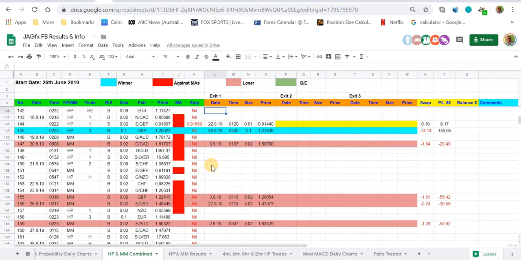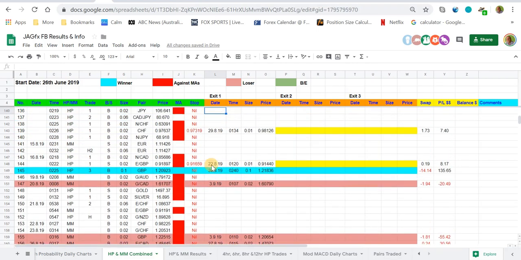I'll just give you a quick rundown on what the spreadsheet means. Basically, when you see a blue line like that, that's a good line because that means it's been a profitable trade. As you can see here, the swap was negative, but a good profit on the actual trade. This ugly red colour, that's a losing trade. When I have yellow in here, it means there's been a partial close.